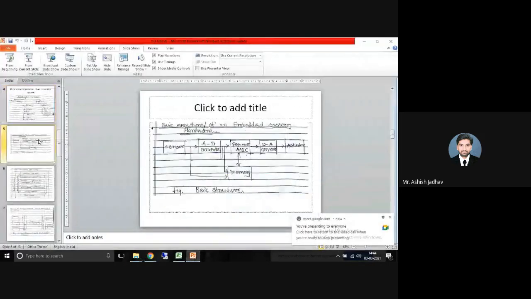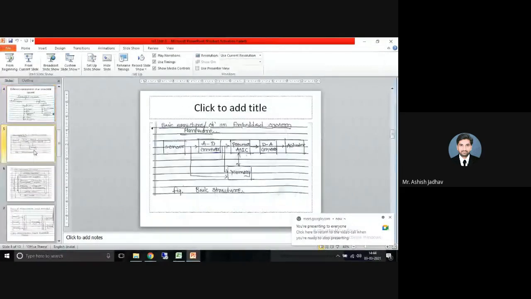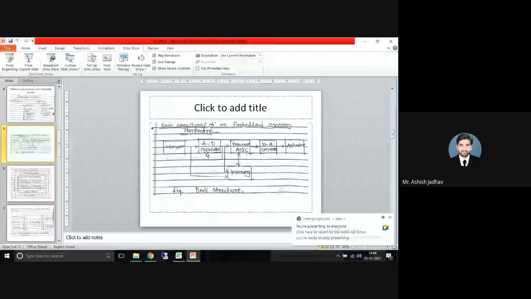Next point is basic structure of embedded system hardware. Just now I talked about this embedded system hardware. So this is what the embedded system hardware is. The tree diagram shown earlier for the hardware is just made here as a block diagram.